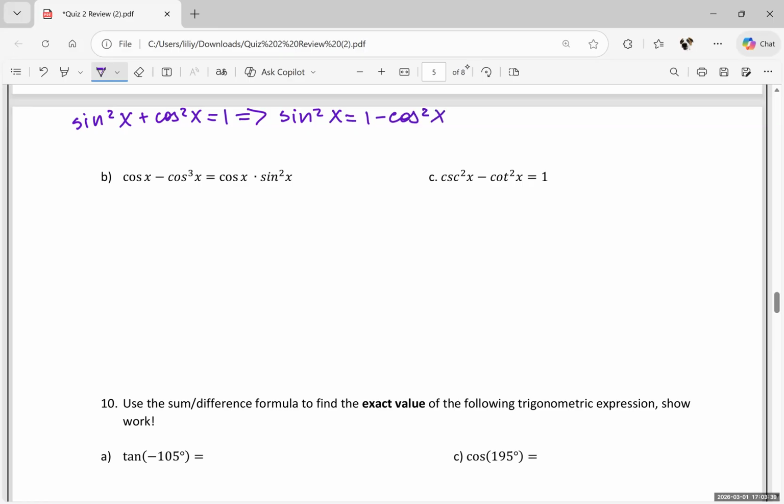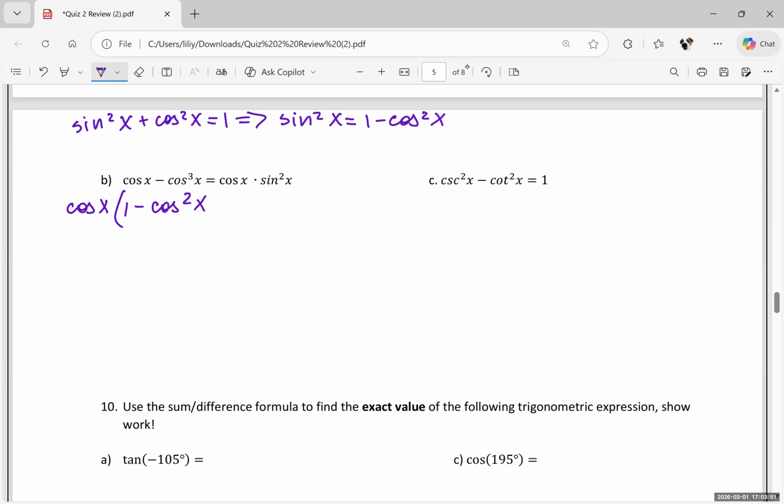Okay, on part B, on the left-hand side, if you factor out a cosine of x, then it's going to be 1 minus cosine squared x inside the parentheses. And then if you recognize that 1 minus cosine squared x is sine squared x, then it works right away. Very, very simple proof on this one.